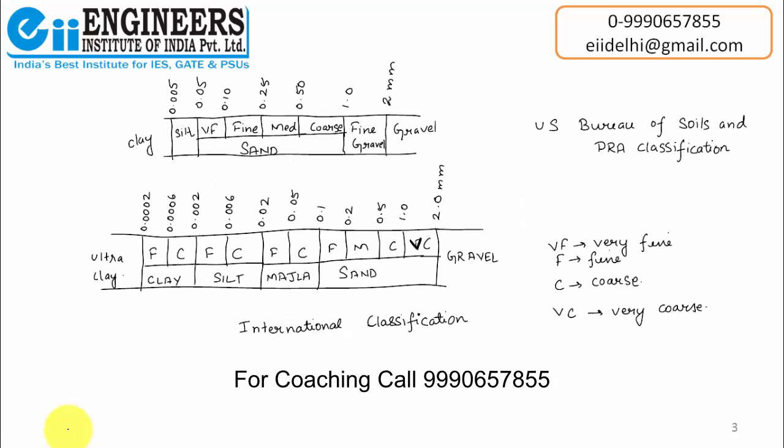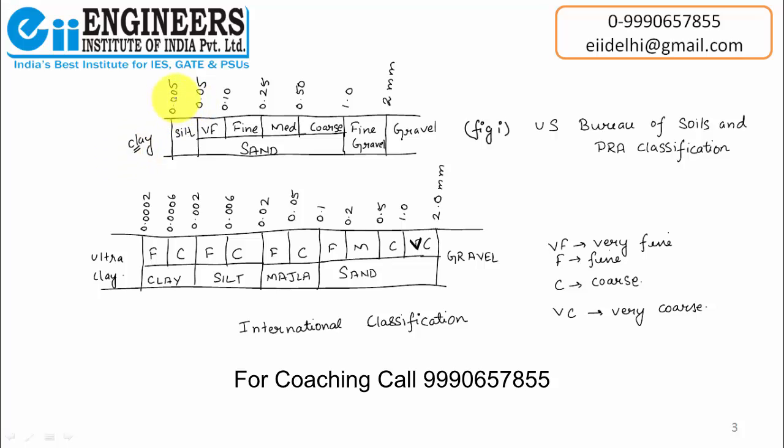Now let's talk about the US Bureau of Soils. You can see in figure 1, the first diagram, the classification given by the US Bureau of Soils. From this we can easily say that particles with dimensions less than 0.005 mm are classified as clay.